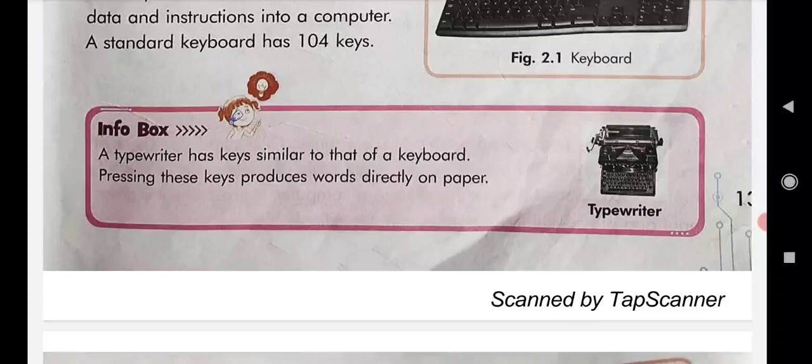Pressing these keys produces words directly on paper. In previous times typewriters were used, but as technology developed, now we are using the computer. Whatever data and instructions we feed into the computer, it is with the help of an input device, that is the keyboard. And a keyboard has 104 standard keys.